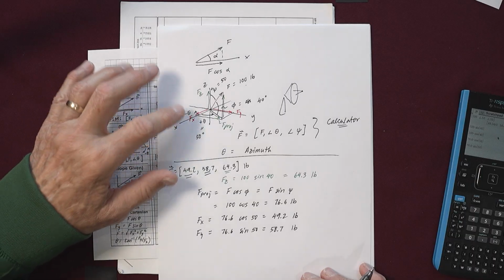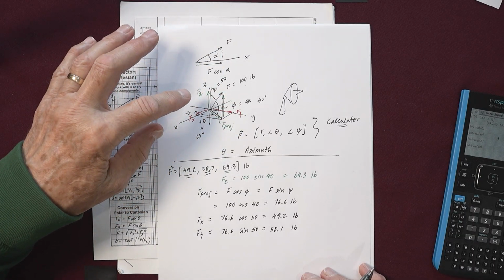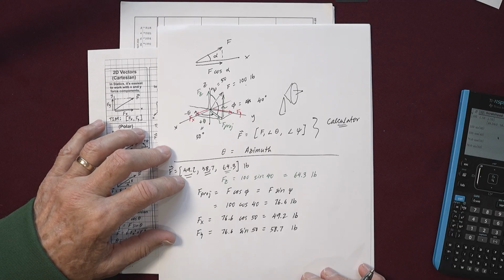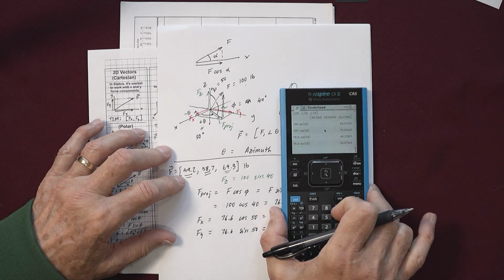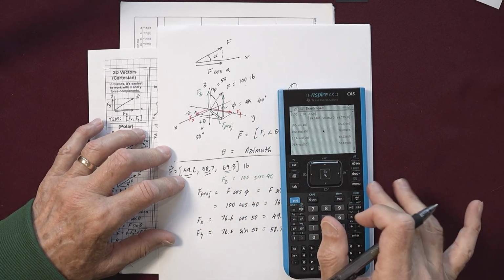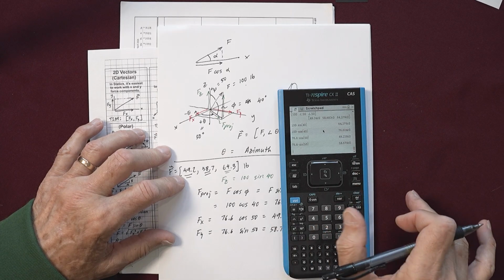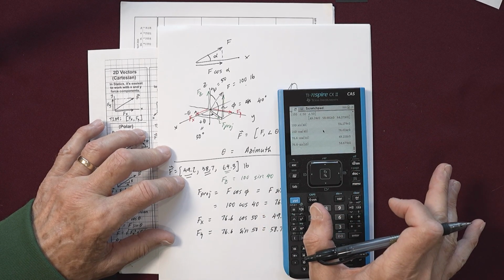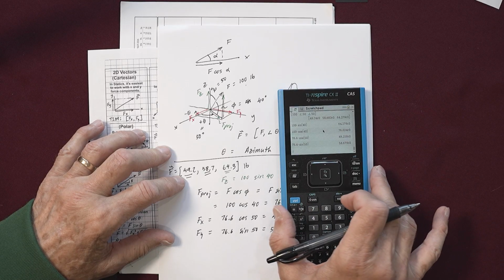So if you're given a vector in what I call spherical coordinates, the easiest way by far is to know how to use your calculator and enter it directly into your calculator. And we'll work a number more examples of this. However, you also need to know the harder way of doing it.